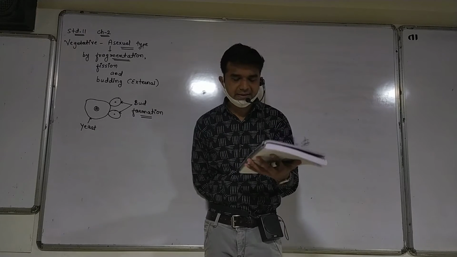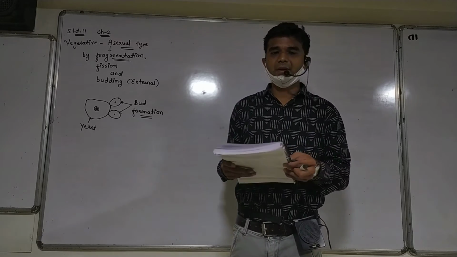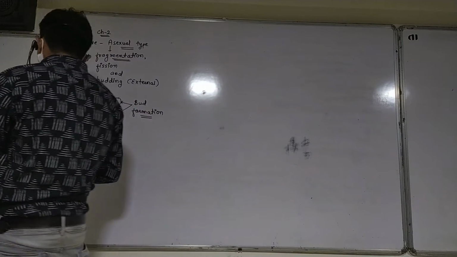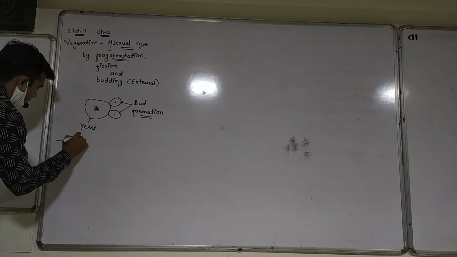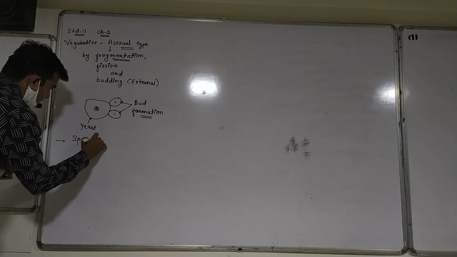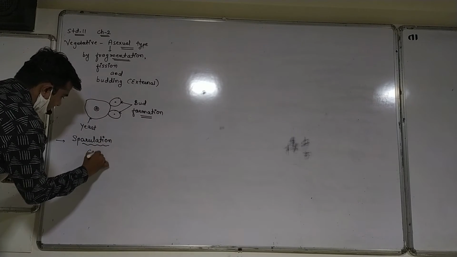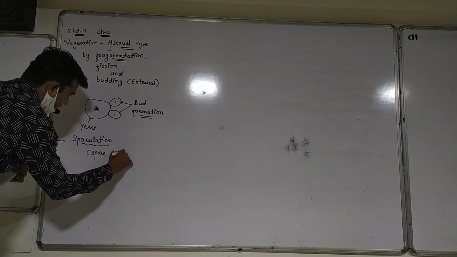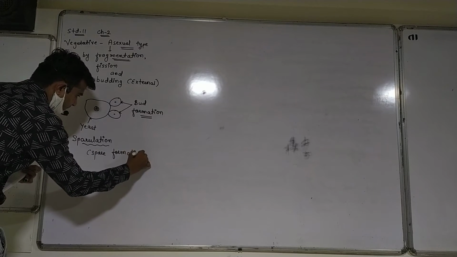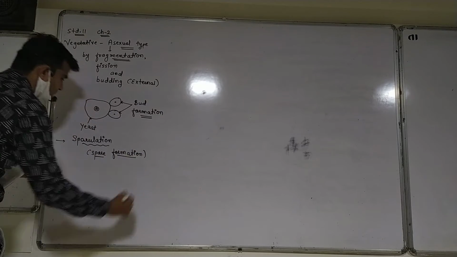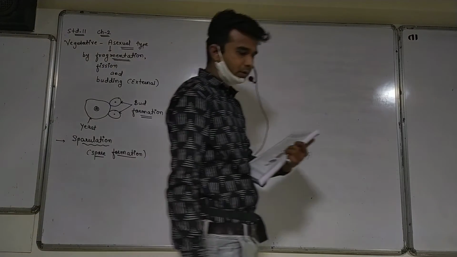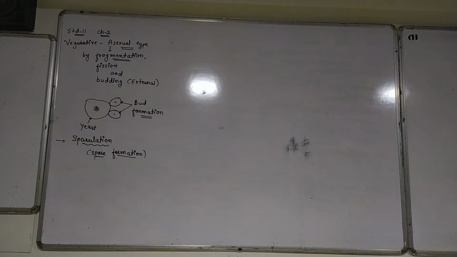Asexual reproduction is by spores. So here I want to tell you about sporulation. Sporulation is nothing but spore formation. Spores are formed and detached from the parental body, and form the new fungi.